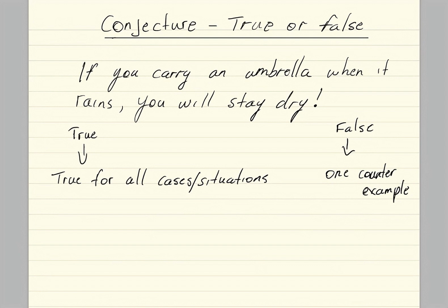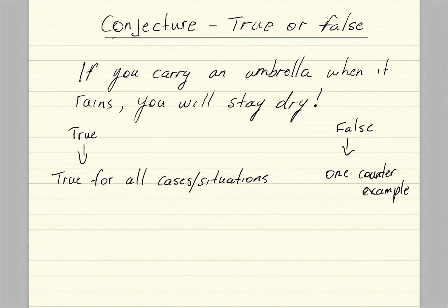Then if you have a really nice big umbrella, you're going to stay dry. But let's say on a day that it's very windy, then the rain is going to move sideways and make you wet. So just by that simple one counterexample we just thought of, that shows that this conjecture cannot always be true.